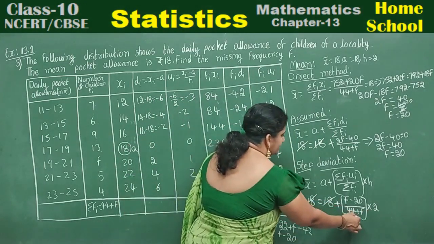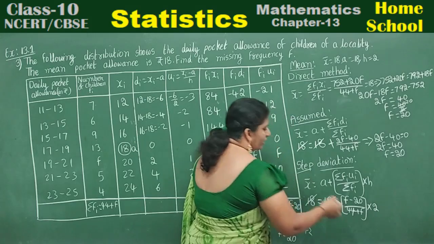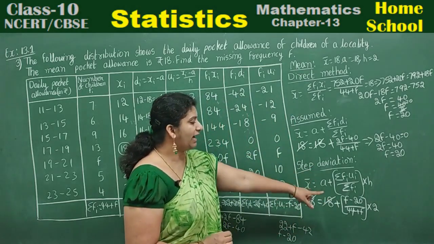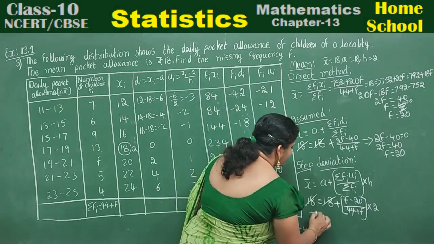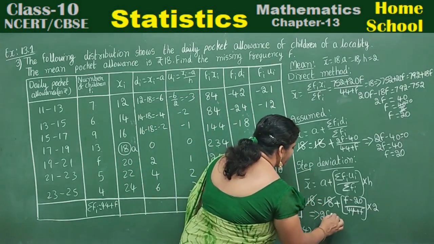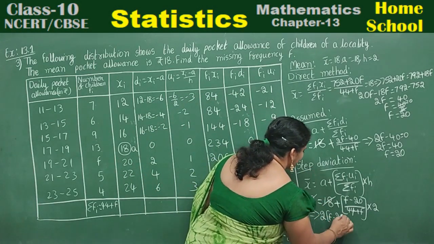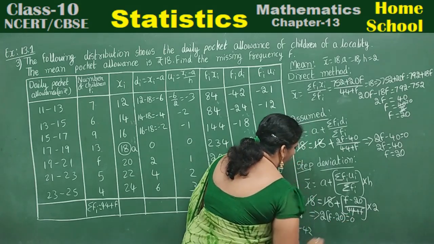So you send this denominator this side. 0 into anything will be 0. And that 2 will be multiplied for numerator. That implies 2 into f minus 20 equal to 0.